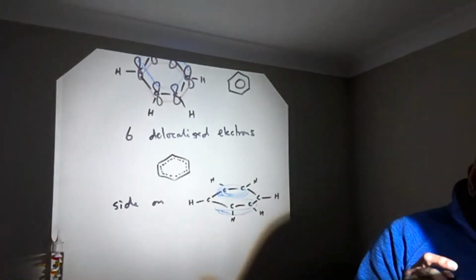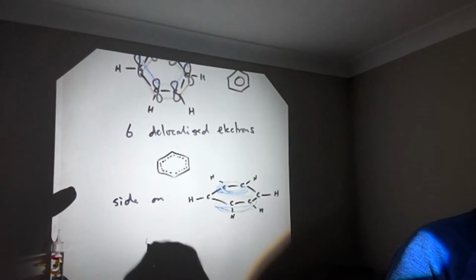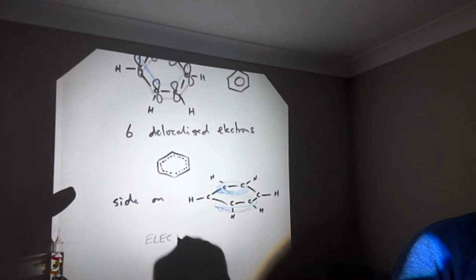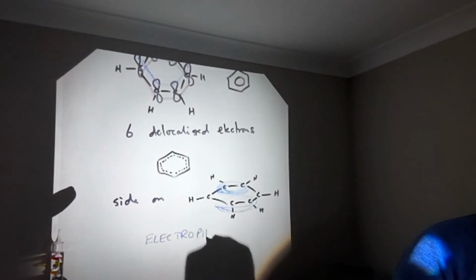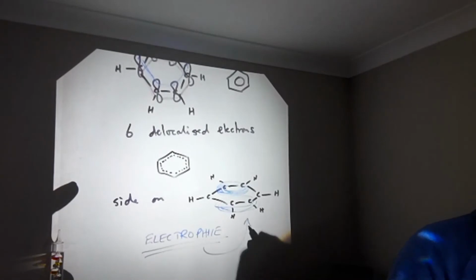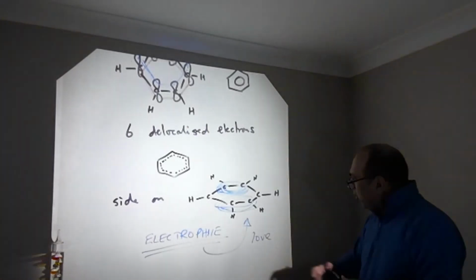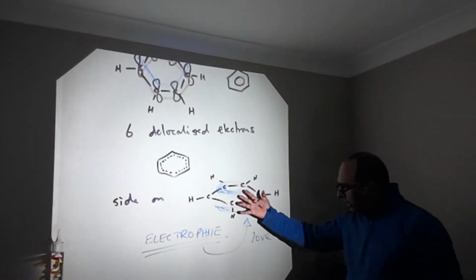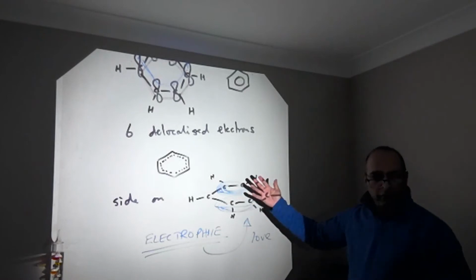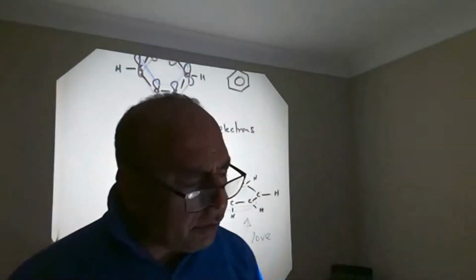Now the electrons are really important because when you have an electrophile, and as you know, electrophiles, like electrons, they're going to love this molecule, aren't they? Look at all those electrons whizzing around there. Electrophiles are going to really like that, and we'll see how benzene reacts in the future.